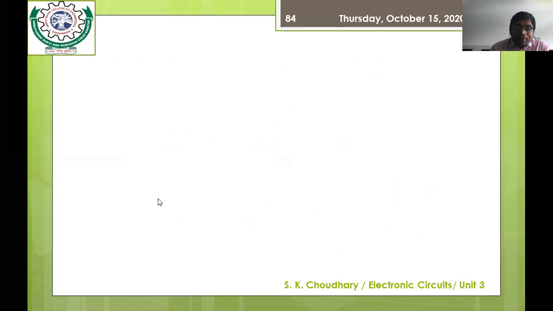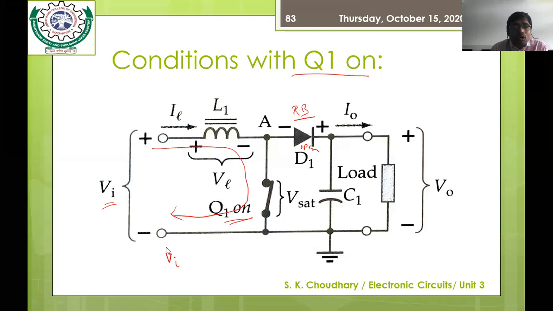So in this condition, what happens? Your switch is on, so at that moment current flows across this path.